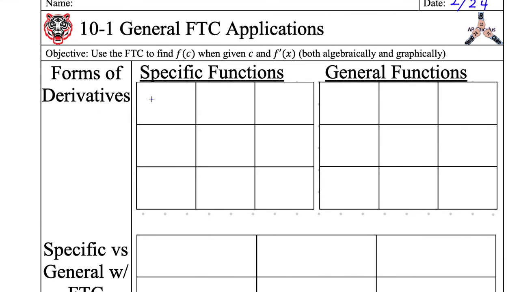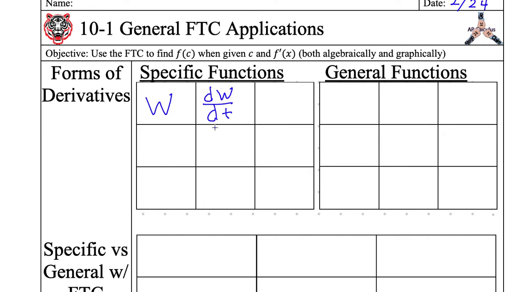So forms of derivatives. Let's say I have capital W. If I want to take the derivative of W, I can call that W prime, but more formally, this is dW over dt. Usually time happens, so I'm going to say dt.